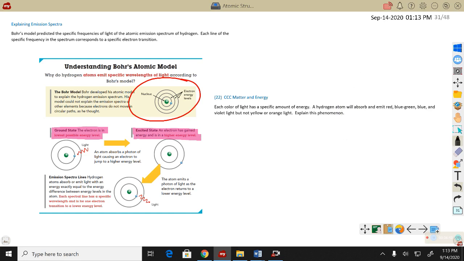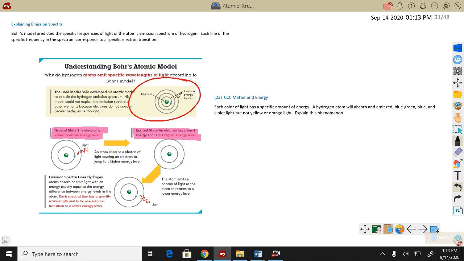Now, one misconception is that it doesn't have to always be energy level 1. Obviously, with hydrogen, there being only one electron, that one electron is going to be in the lowest energy level, level 1. Bigger atoms are going to have electrons in multiple energy levels. If I'm a big atom like xenon with 54 electrons, those electrons are going to be distributed amongst multiple energy levels.